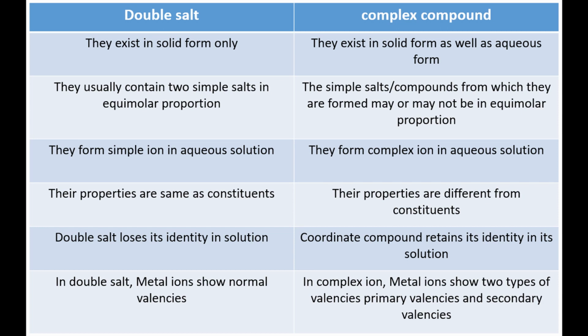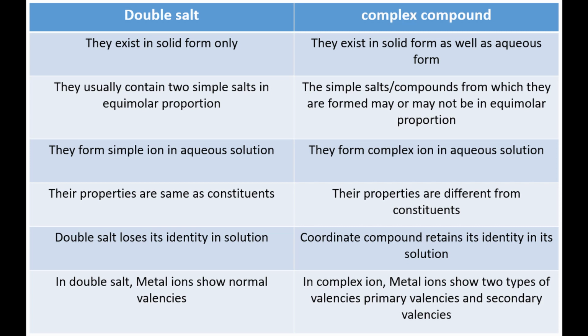Another difference between the double salt and the complex compound is that the properties are the same as the constituent compounds in the case of the double salt, whereas the properties are different from the constituent compounds in the case of the complex compound.